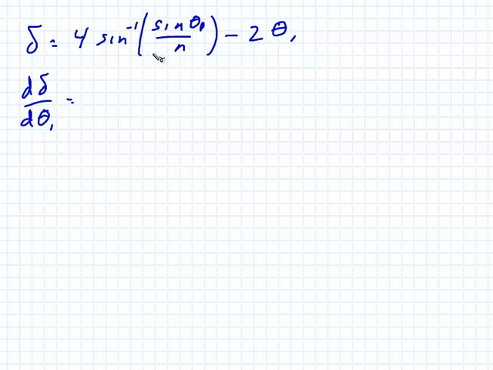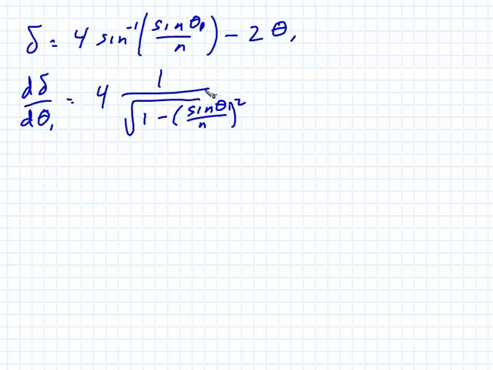We have two terms, so we take them one term at a time. So this is 4 times the derivative of the inverse sine, that we've learned how to do. It's 1 over the square root of 1 minus this thing squared, that 1 minus x squared, except the x here is this whole argument: sine theta 1 over n, squared.